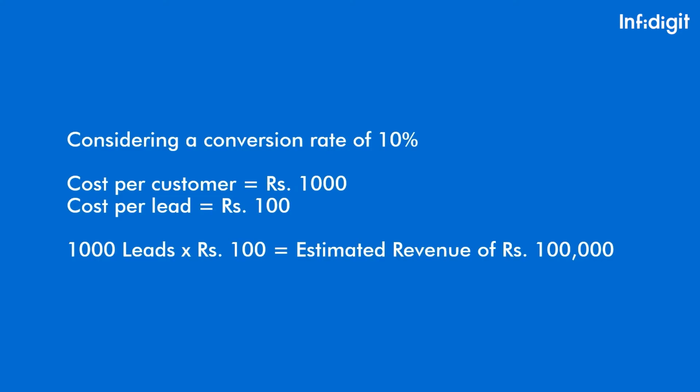Now, let's say today that particular website received 1000 leads. With an easy multiplication of value per lead with the number of leads, they can arrive at the estimated revenue which can be attributed to the leads they have got on a particular day. And using the ROAS formula, total revenue divided by total cost invested on the channel, they can easily arrive at a ROAS.